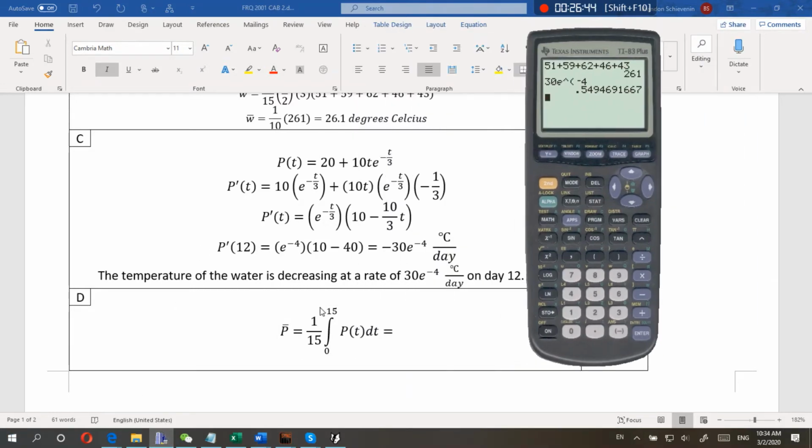Again, since this is with a calculator, we can just plug this in. So this is 1 over 15 times the integral of 20 plus 10t times e to the negative t over 3 in terms of t from 0 to 15. That is 25.757.